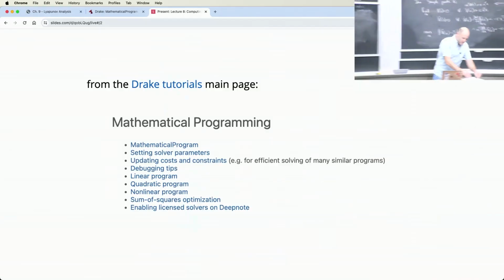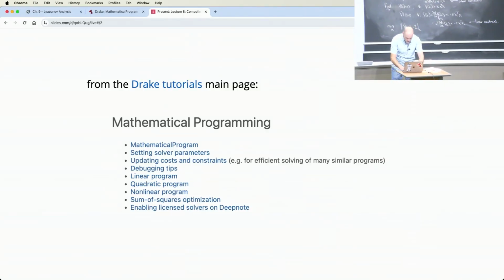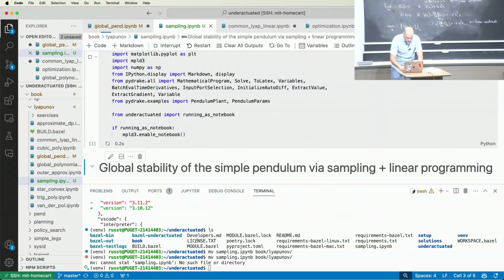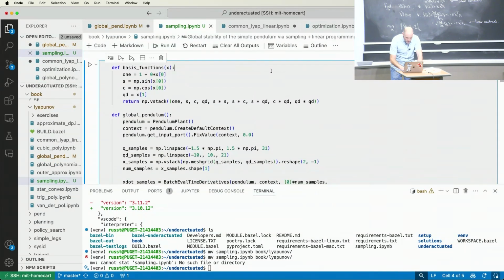Okay, so I've coded this up. It's a simple LP based on sampling. This is the pendulum example again. You see my basis functions here. I just wrote the basis function 1. I made it vectorized. That's why I have to multiply 1 by 0, or whatever.